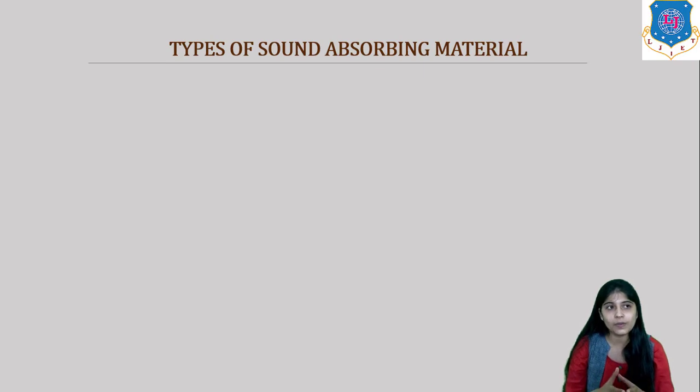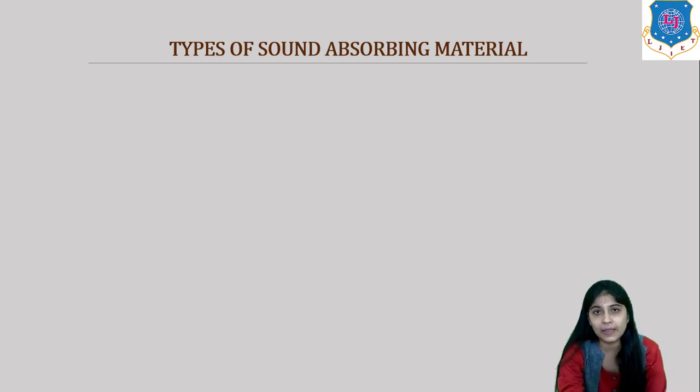Sound should be adequate and appropriate in every corner of the room, so we should try to make sound propagation even in any hall or room. To have a good acoustical hall, we need to know about some absorbing materials.